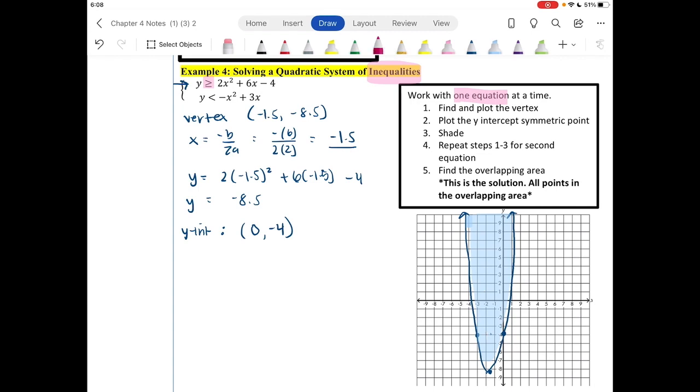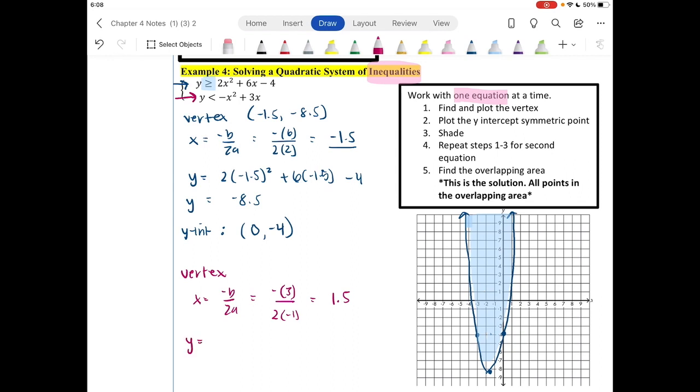Now we're going to repeat the same thing, but with our second equation. Again, we need to start off by finding that vertex, which will occur at x equals negative b over 2a. Our b value here is 3, so we have a negative 3, 2 times negative 1. Here the x portion is going to be 1.5.